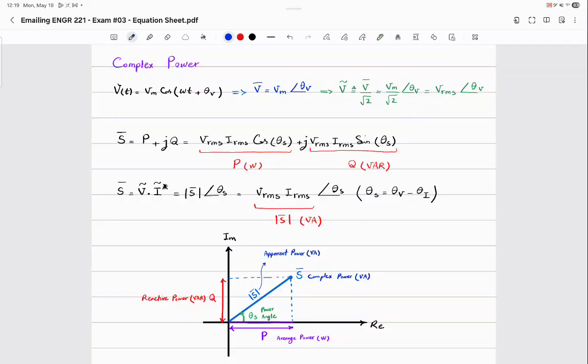Just a number is given to you. 10 kilovolt amps. Which one is it? It's apparent power, because it doesn't have any angle or imaginary part. So it's a real number, so it's definitely apparent power. If it is given to you with some angle, then it's complex power.